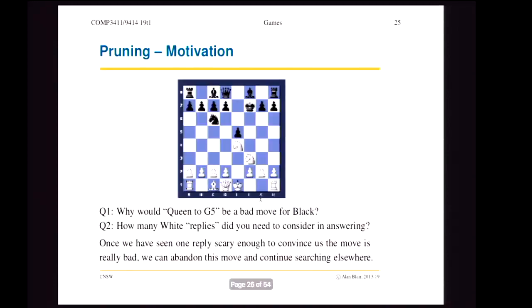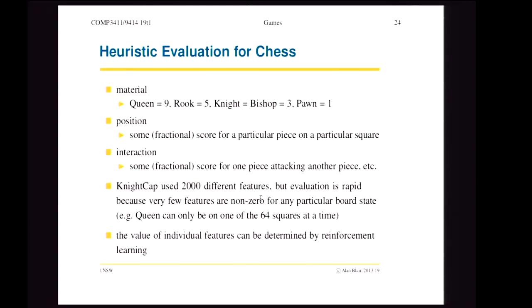Now, I think most of you should be familiar with chess. One way to evaluate the position is just to count how many pieces each player has. The more pieces you've got, the better in general. And certain types of piece are more valuable than others. There's an ancient tradition in chess that if a pawn is worth 1 point, a knight and a bishop are probably worth about 3 points.